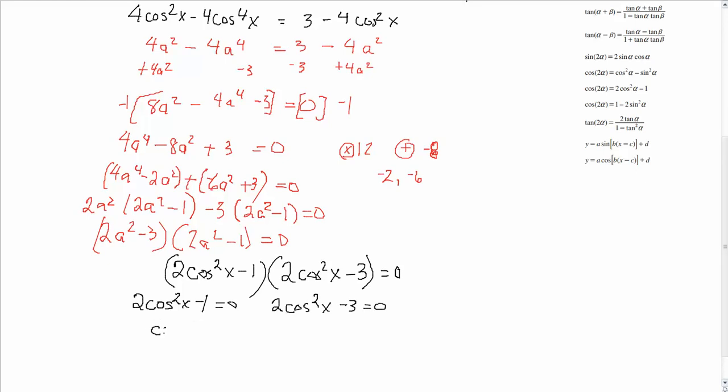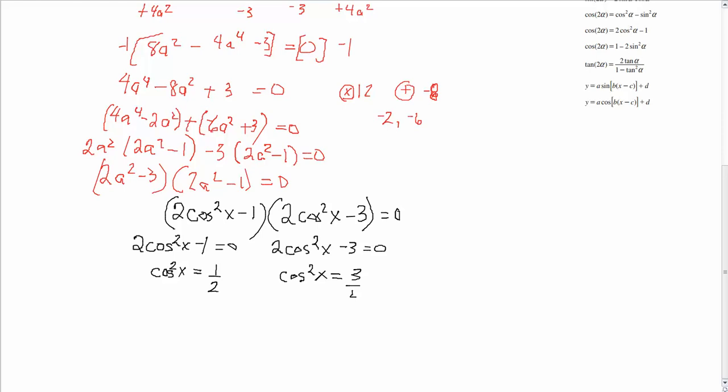Rearranging, we get cos squared x is equal to 1 over 2, and cos squared x is equal to 3 over 2. At this point, we're going to look to solve these. Here we can see cos can't equal a number greater than 1, and so there is no solution to this factor.